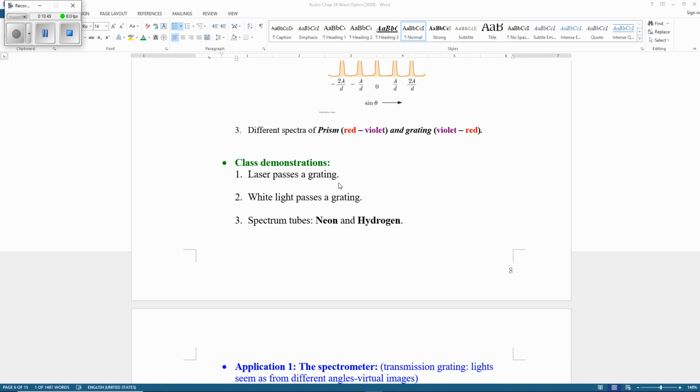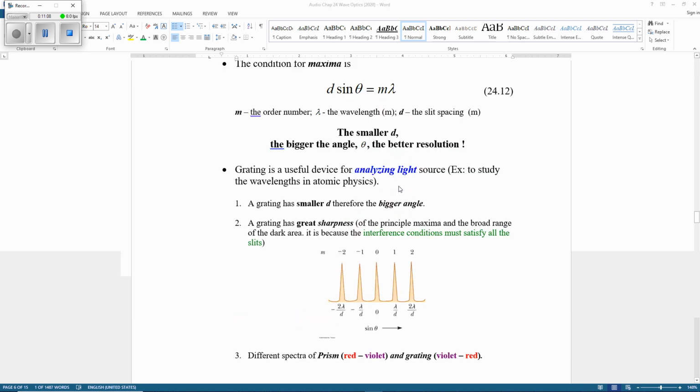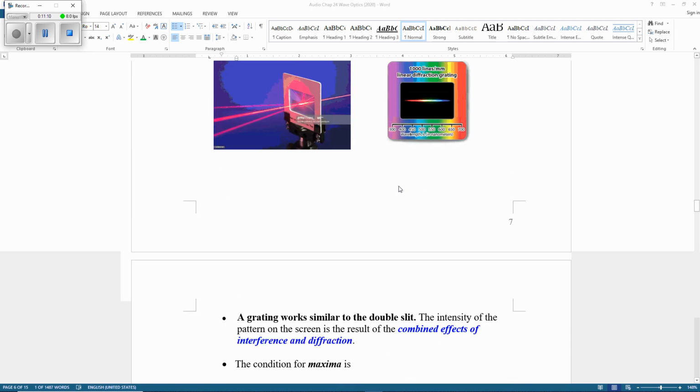So if you can measure the location of different colors, you can determine the wavelength of the laser. Then we also can see when white light passes a grating, it gives you a rainbow, different colors separate. All the colors come out.